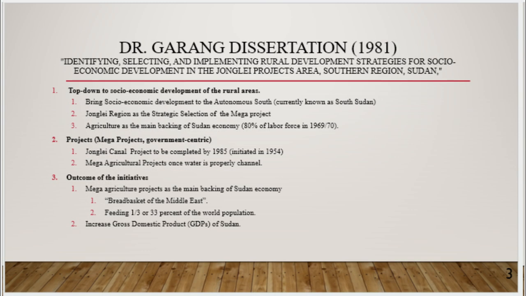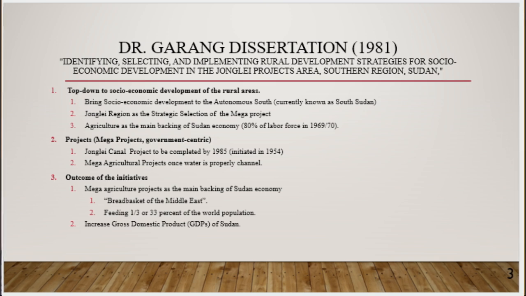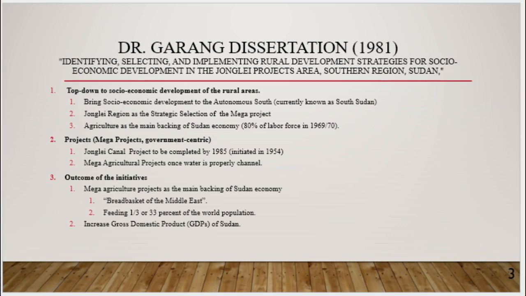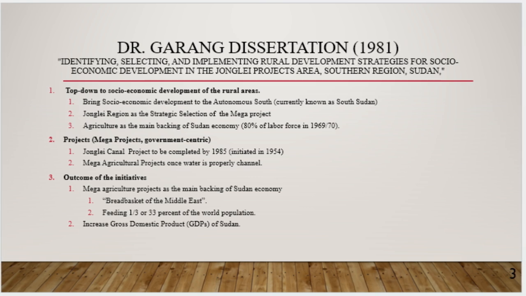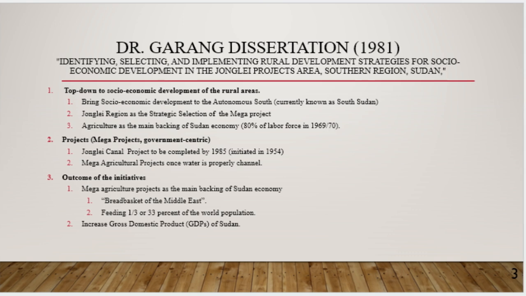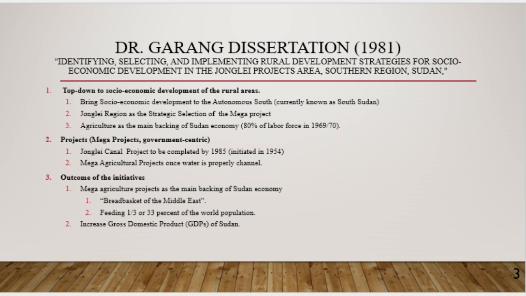So between Sudan and Egypt, they collaborated to come up with this project. And the reason for this project is to bring economic development to Sudan, right? The Jonglei region was a strategic selection for this mega project.